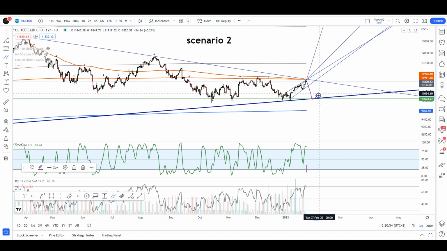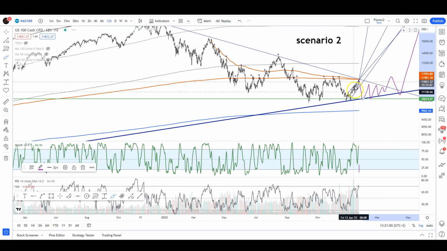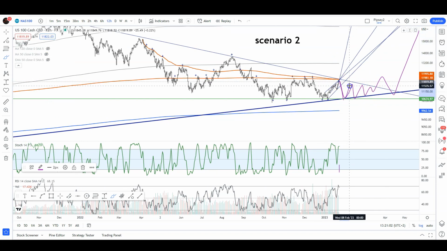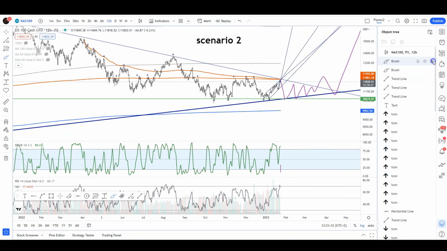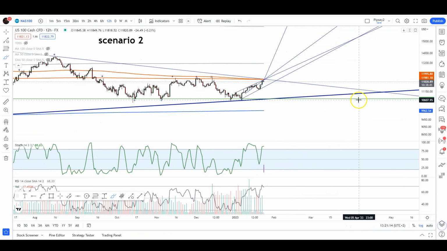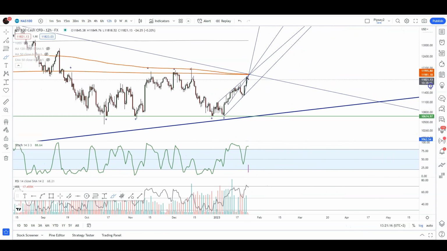Let's say we find support, we could still go sideways for a while. Right? It's almost like it's now building up, compressing, then either breaks out up or breaks down that way. Just more speculation.